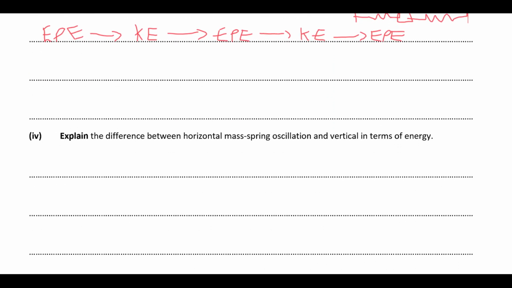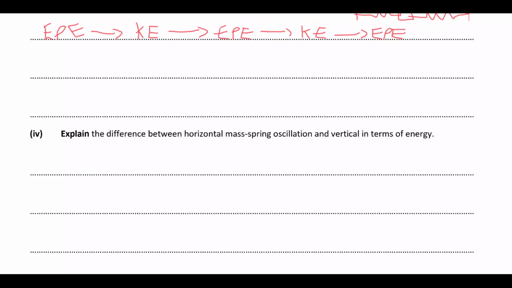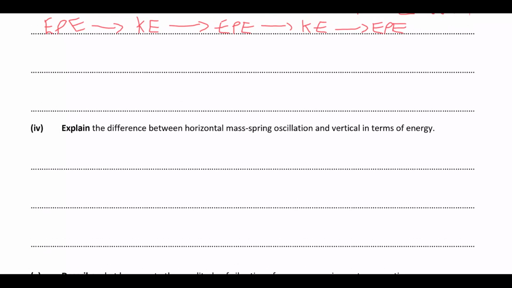Explain the difference between a horizontal mass spring oscillation and a vertical in terms of energy. In vertical, you have to consider GPE. It still starts with elastic potential energy. This is the point it would have maximum elastic potential energy. That would be transferred into kinetic energy.